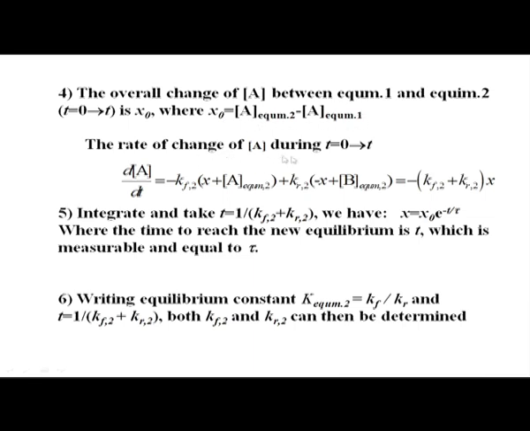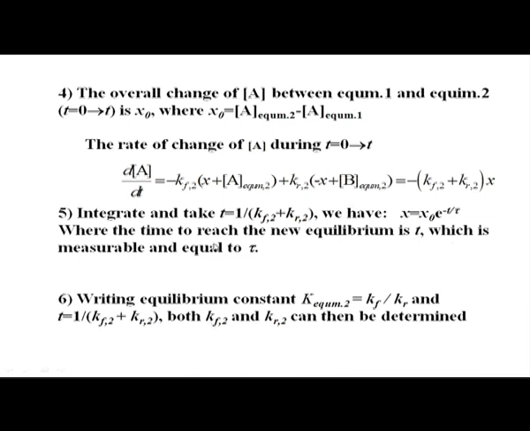The rate of change of A from t equal to 0 to t, you can write this and integrate, and then taking t equal to 1 by this, we have this, where tau is the time for relaxation. This is your relaxation time.